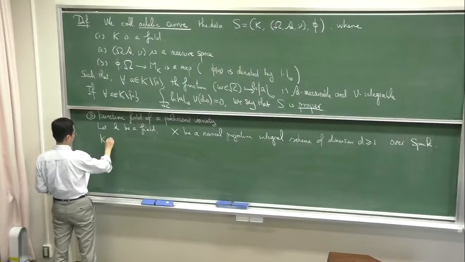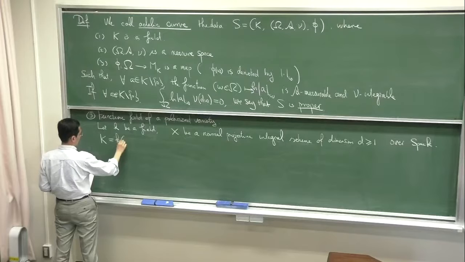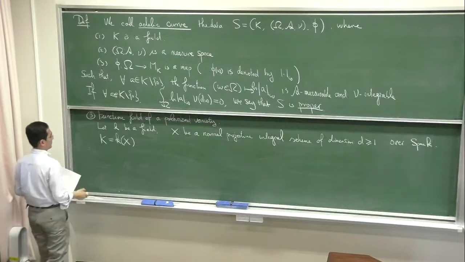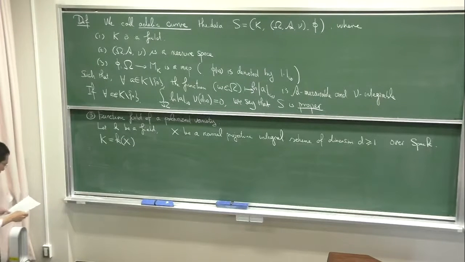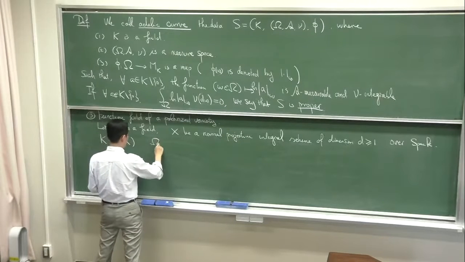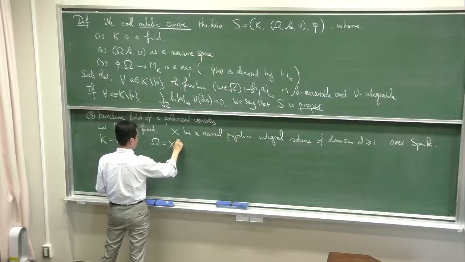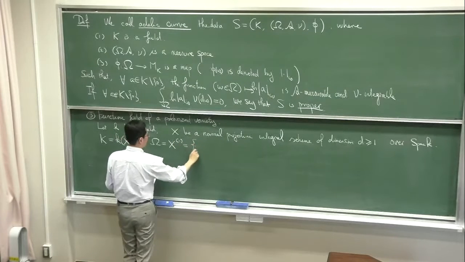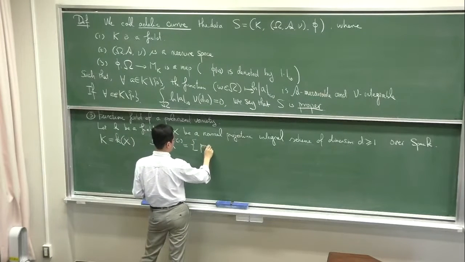And now I take K as the field of all rational functions on the scheme X. So omega is X^(1), which is a set of prime divisors.